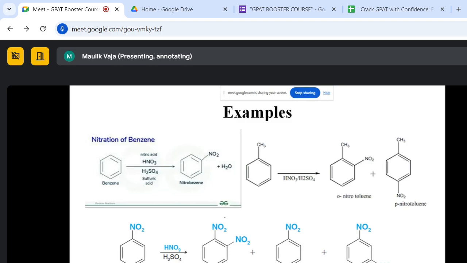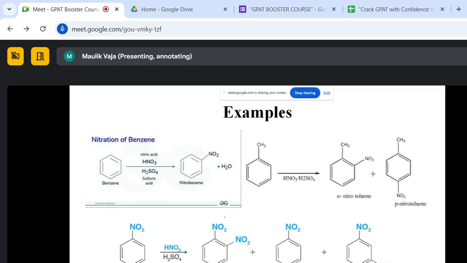And what is the role of an electron withdrawing group? It withdraws electrons from the ring. The electrophile will come, but the electron withdrawing group already withdraws electrons, so it will be a deactivating group.